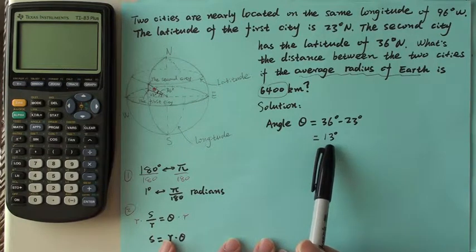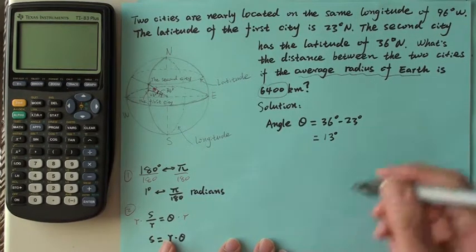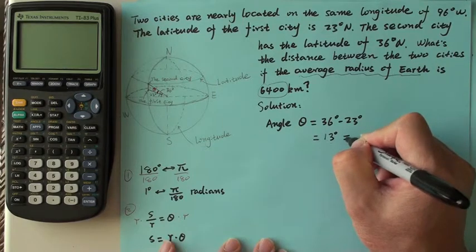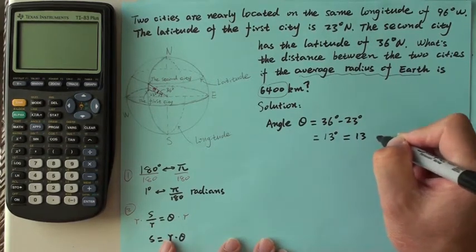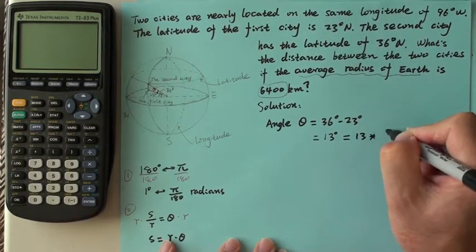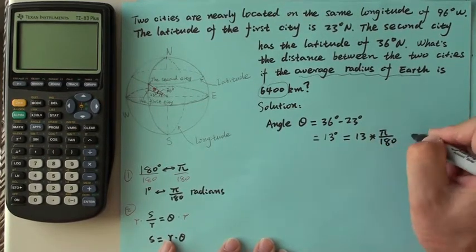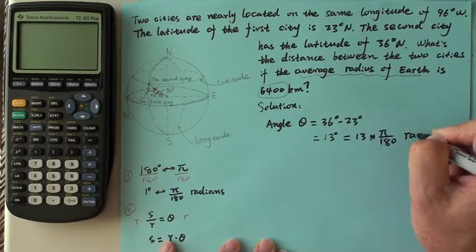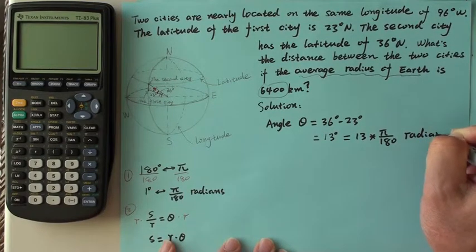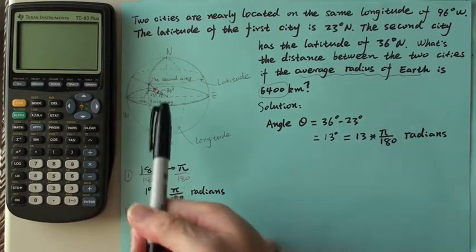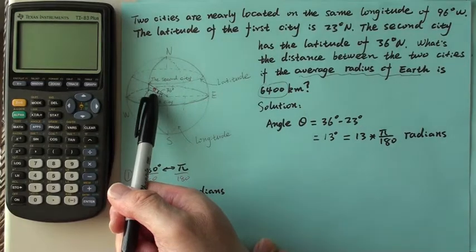You have 13 degrees, so 13 times pi over 180 radians. That will be the radians of this theta.